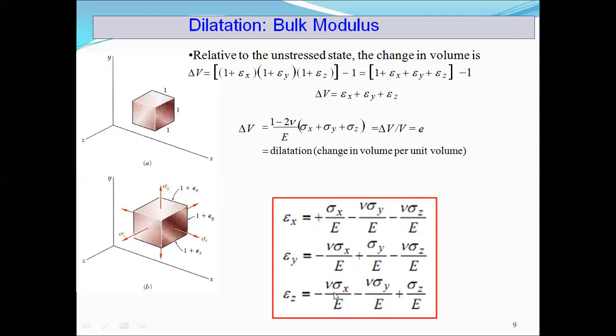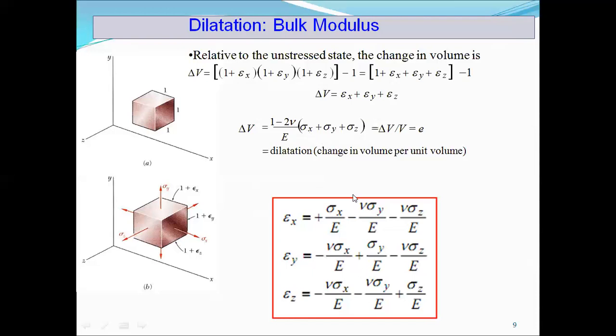After putting these three and simplifying the equation, here you could see sigma x, sigma x, so we could take this common. Similarly, E is common, so we could take sigma x by E common. When you take it common, you will get 1 from here, and these two would add, so it would become 2 with negative sign. So 1 minus 2 mu, and by E, and inside we would have sigma x.